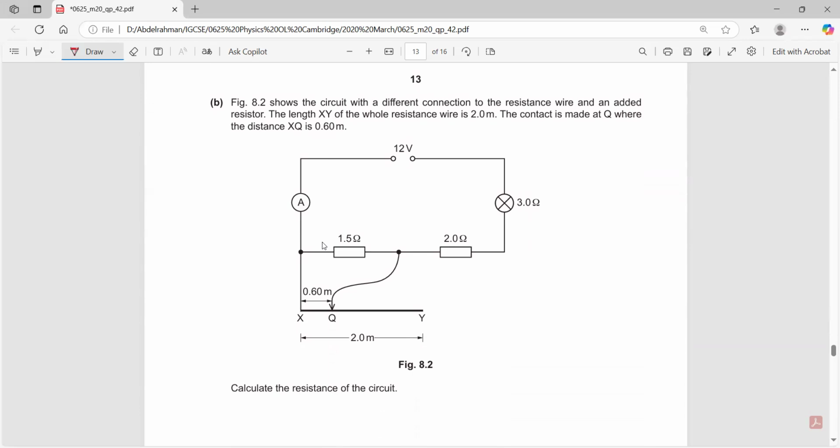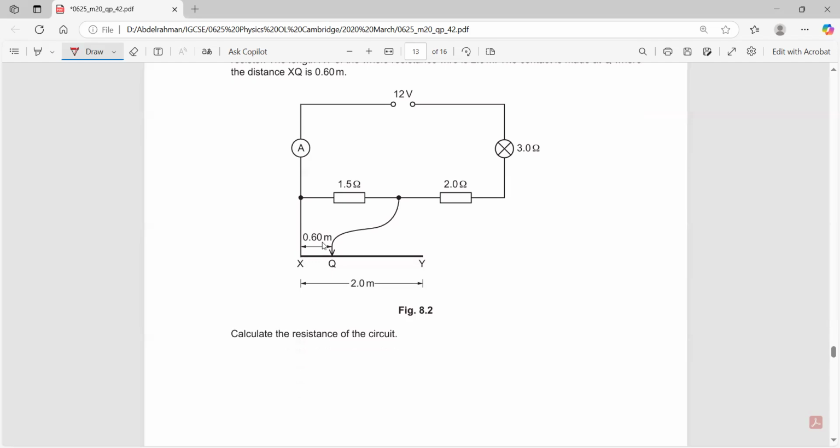It's only at a length of 0.6 meters, right? The sliding contact has moved. Therefore, has the total resistance decreased or increased? The sliding contact has moved, the length has decreased, therefore the resistance will also decrease.